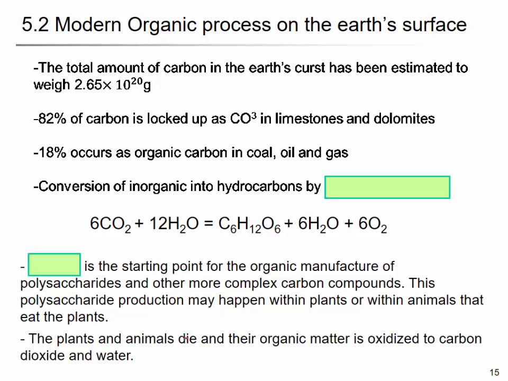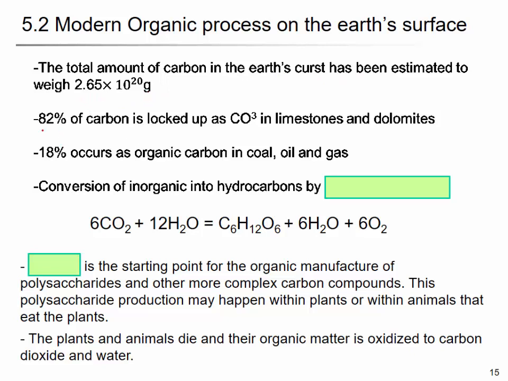So then let's talk about the organic carbon. We saw the inorganic process that can produce the hydrocarbon. And now we'll talk about the organic process that can produce the hydrocarbon. So these are just basic facts. The total amount of the carbon in the Earth's crust has been estimated to this number, 2.65 times 10 to the 20 gram.